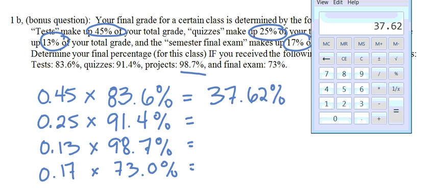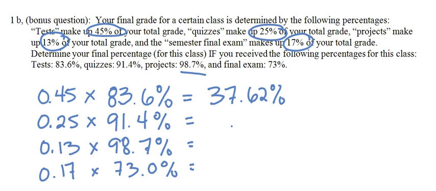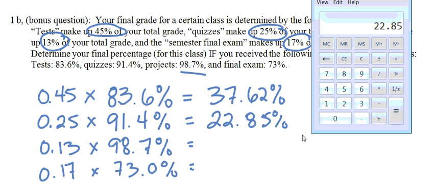So, all right, and then 0.25 times 91.4, so 22.85%, and then 13%.